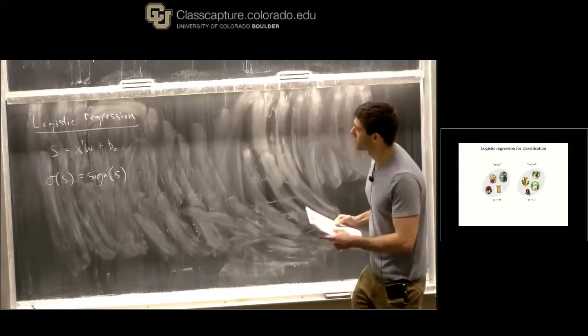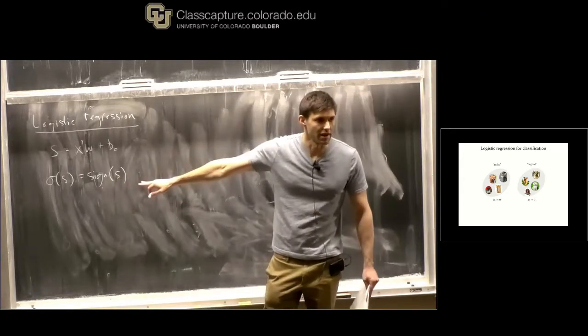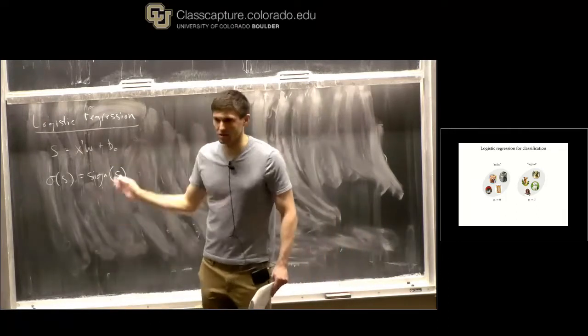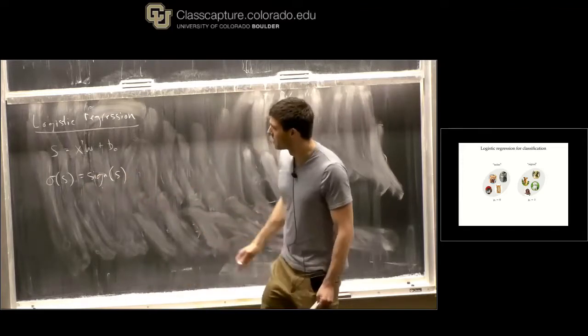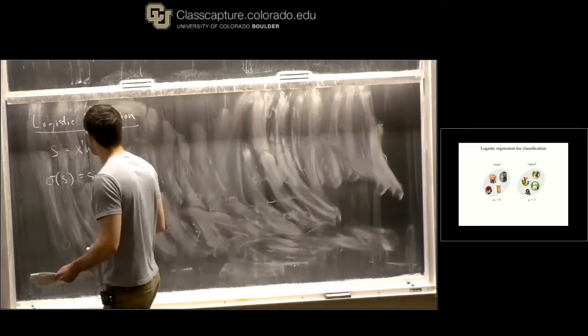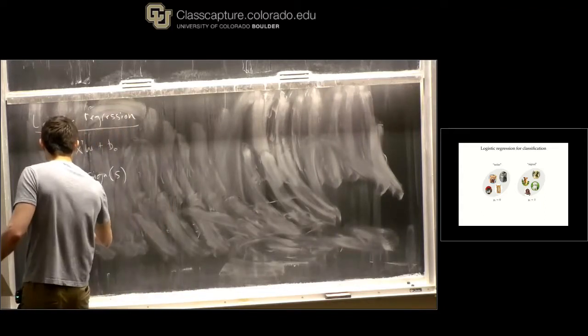What logistic regression does is a sort of softer version of this. So instead of having a sharp decision where you say, if S is less than something, you're class 0, if S is bigger than something, you're class 1, it sort of smoothly goes between one and the other. So this is a perceptron.